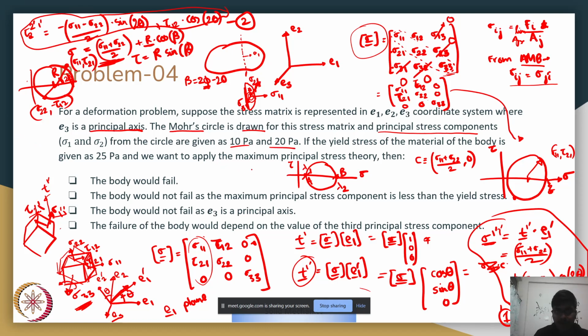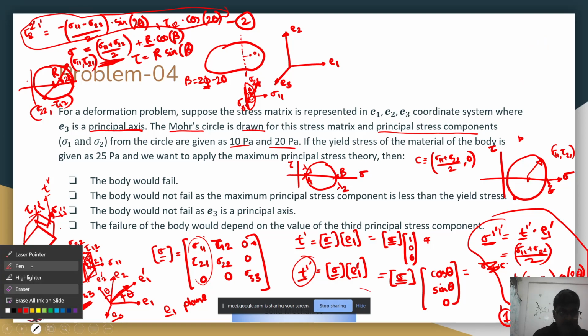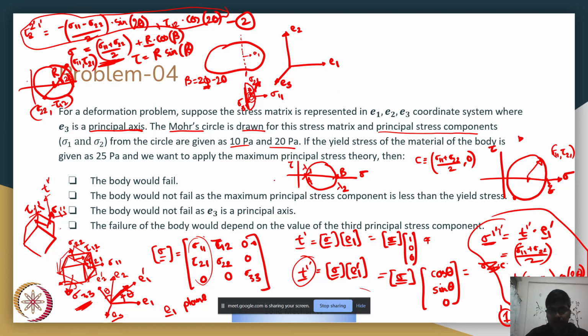So now that I have this Mohr's circle, I have lambda 1 equal to 10 Pascal, lambda 2 equal to 20 Pascal.